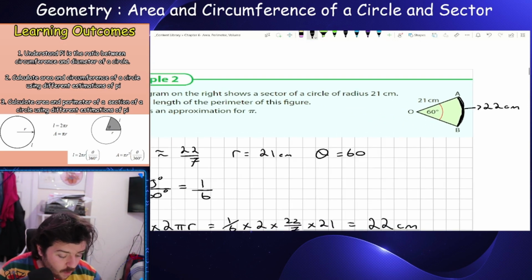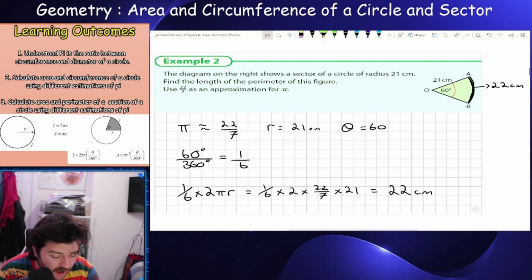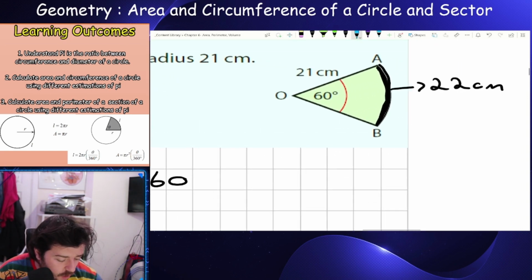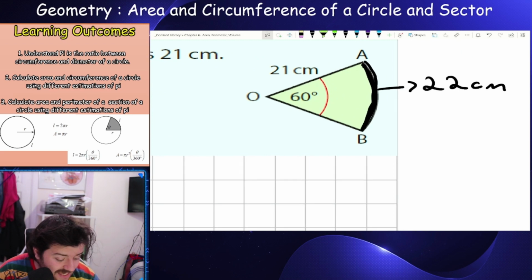But now the question asks, find the length of the perimeter of this shape. Remember the perimeter is the length on all the outsides. I have my curvy bit, my arc, which is 22 centimeters, but I also have my radius here of 21 and my radius here of 21.